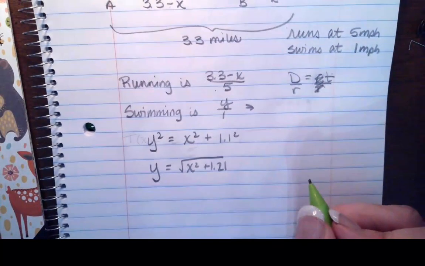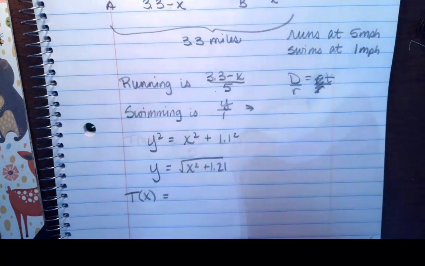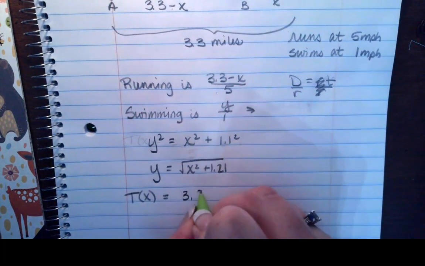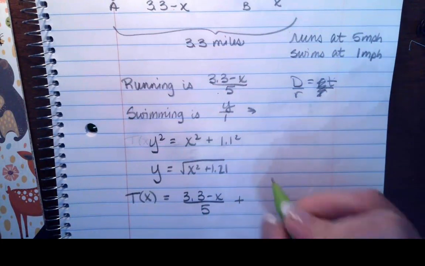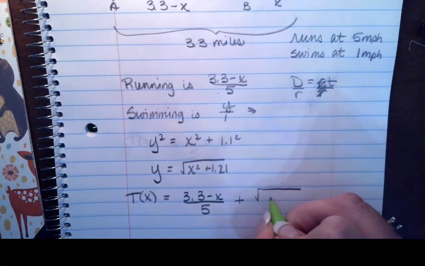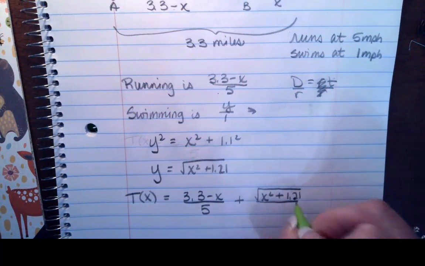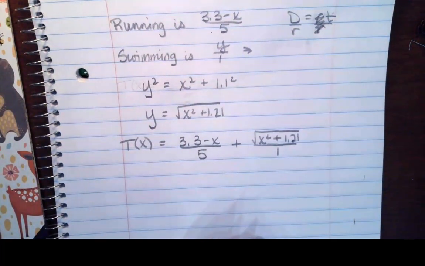Okay, so time as a function of x is going to give us (3.3 minus x) over 5, which is the running portion, and then the square root of x squared plus 1.21 over 1, which is the swimming portion.